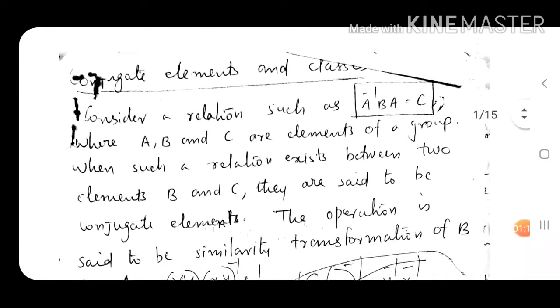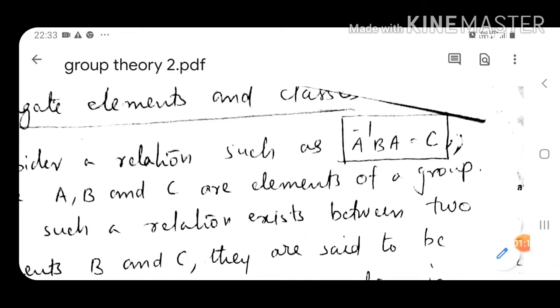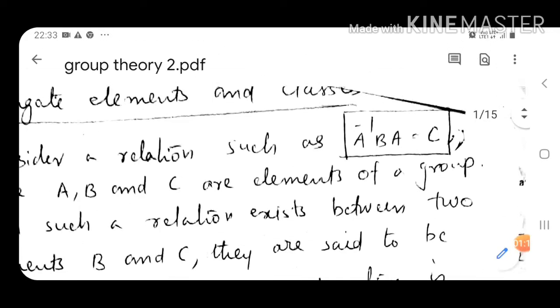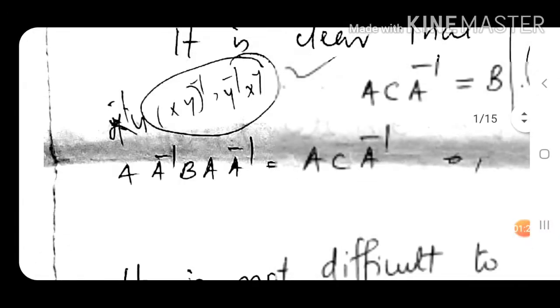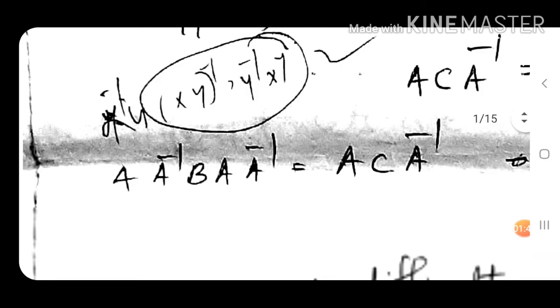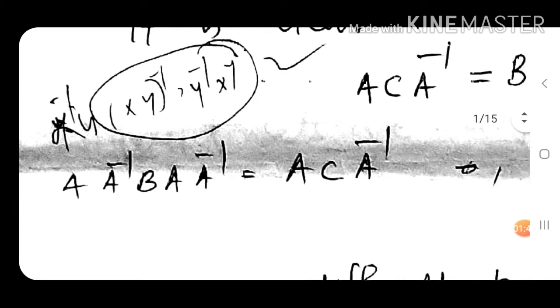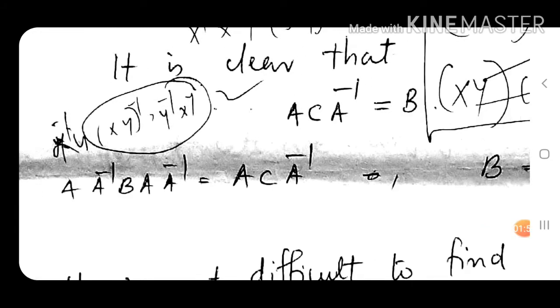Now from this relation A inverse BA equal to C, if I pre-multiply this relation with A and post-multiply by A inverse, that is being done here. We know A A inverse is the identity element, and here also you will get an identity element, and as they combine you will get B on the left hand side, and on the right hand side we now have ACA inverse.